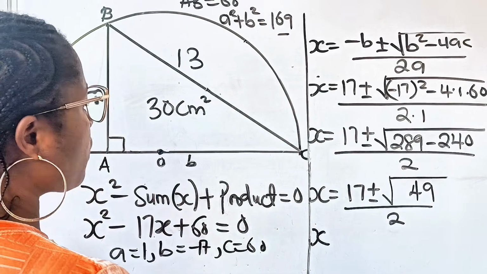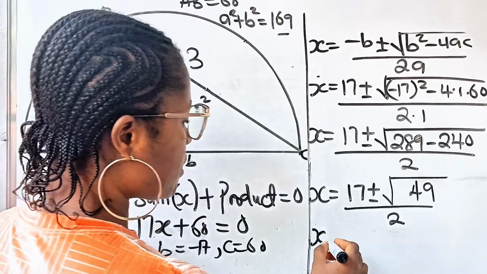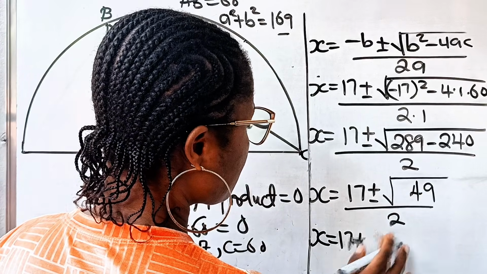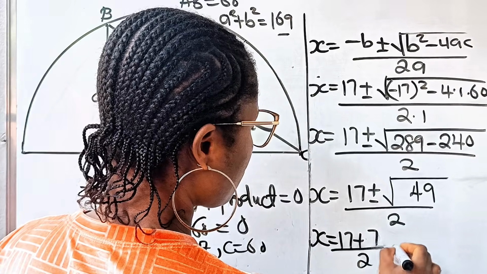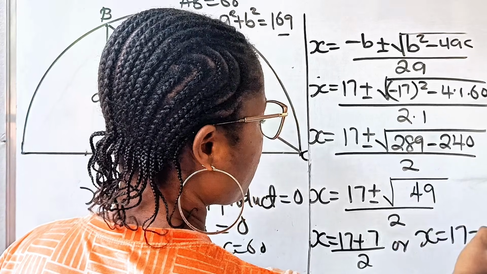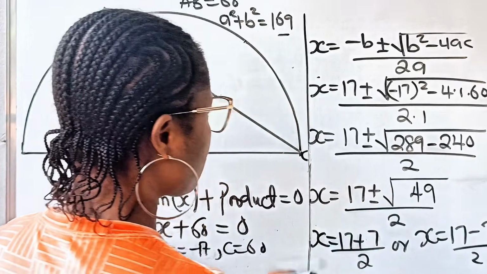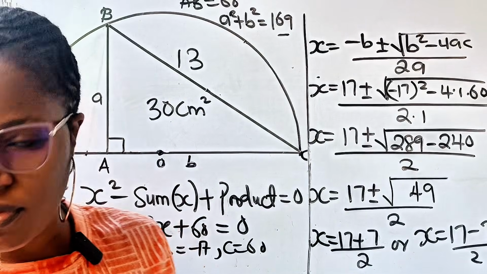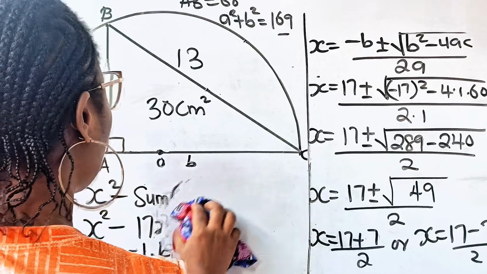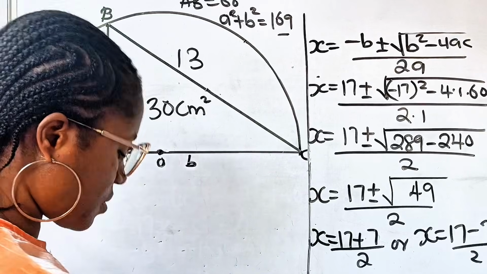So our x, we have two values of our x. X is equal to 17 plus square root of 49, which is 7, divided by 2, or your x is 17 minus square root of 49, which is 7, divided by 2. So now we have two values of x, and those values are really important.